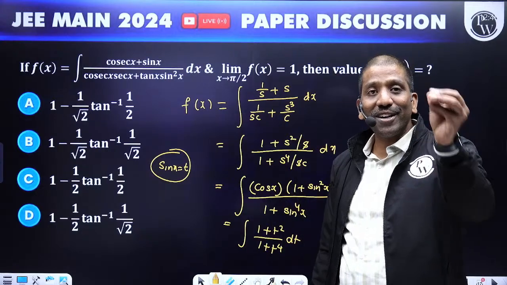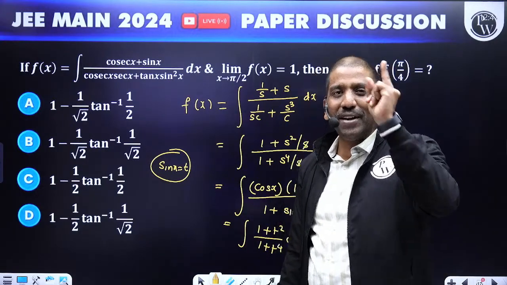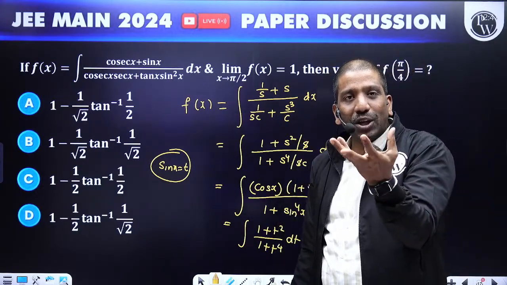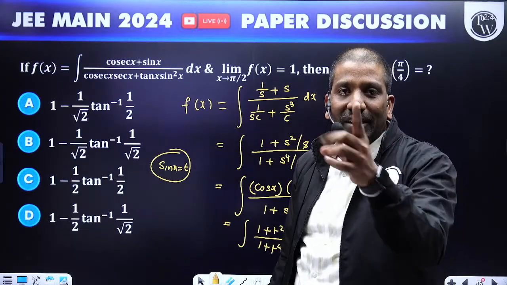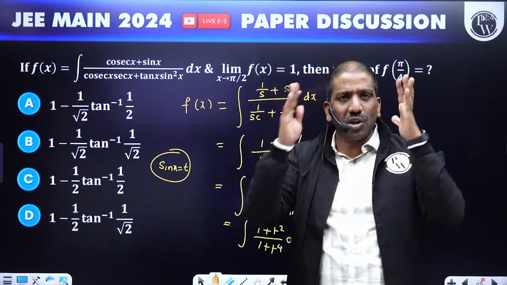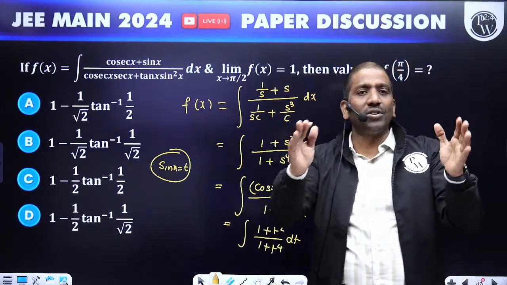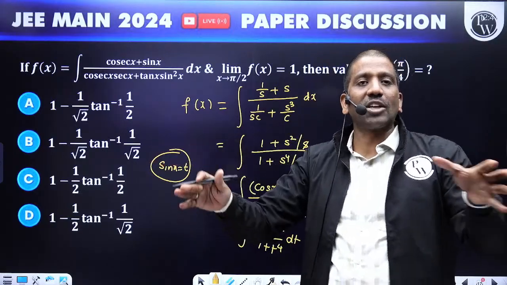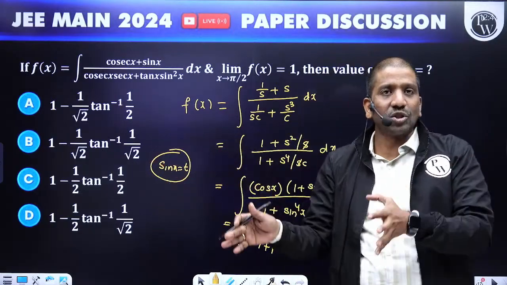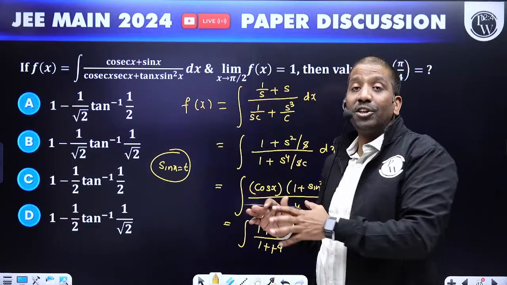When a biquadratic is present in the denominator, immediately we will try to arrange t plus 1 by t whole square or t minus 1 by t whole square. That is our first thought process when we are looking at a biquadratic expression, particularly x power 4 plus 1 or x power 4 minus 1, in the denominator.